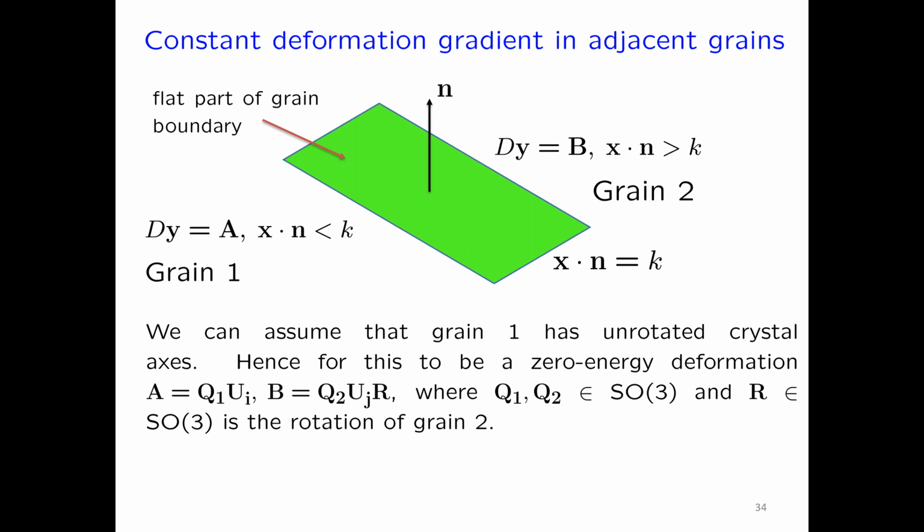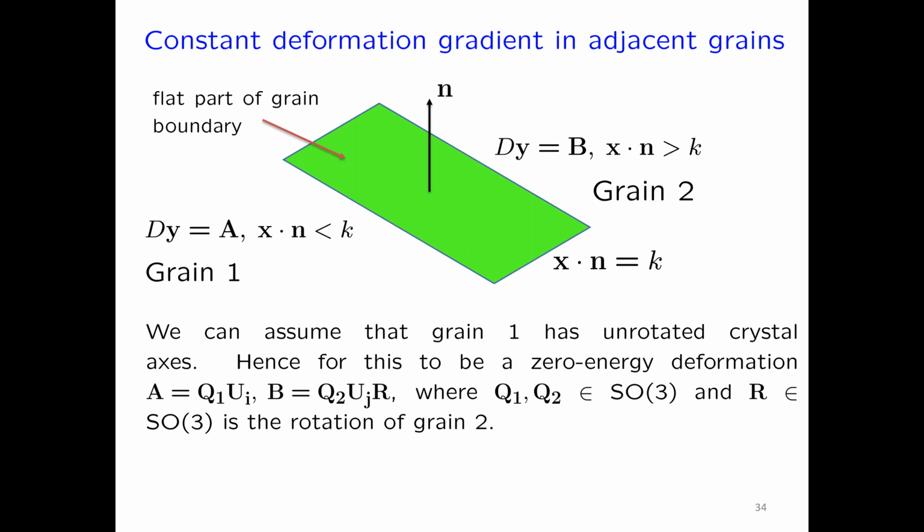In order for that to be a zero energy deformation, you need that A would be some rotation times U_i, which was one of the Martensitic variants, and on the other side, B is a rotation times U_j.